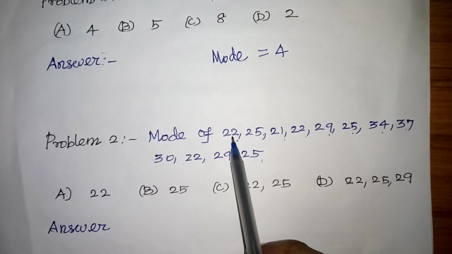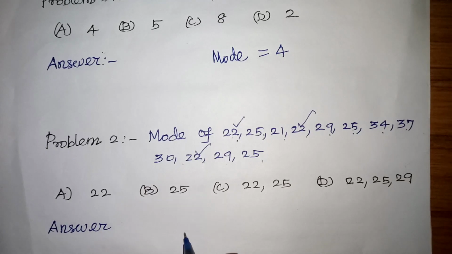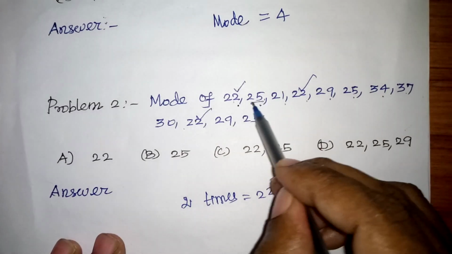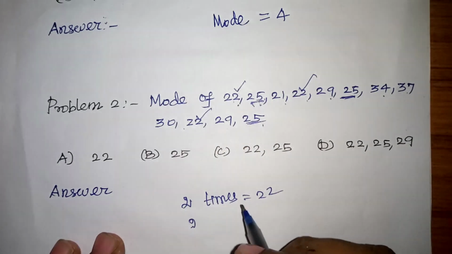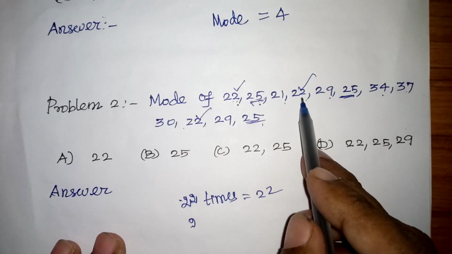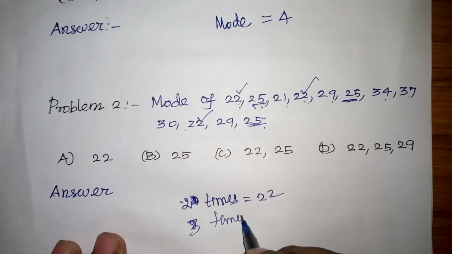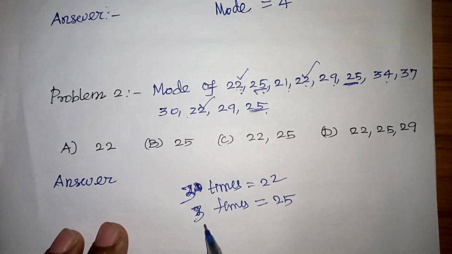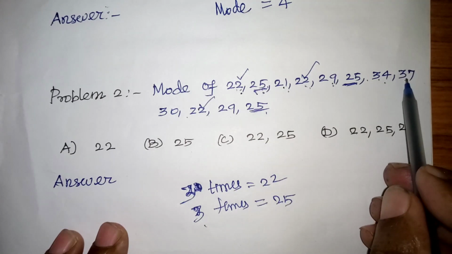Now see that 22 occurs 3 times, 25 occurs 3 times, 21 occurs a single time, and 29 occurs 2 times.